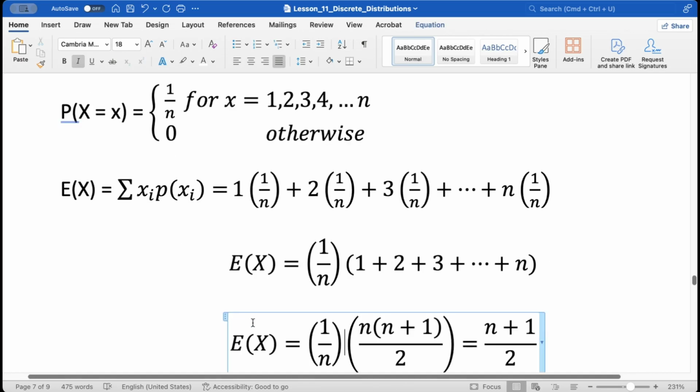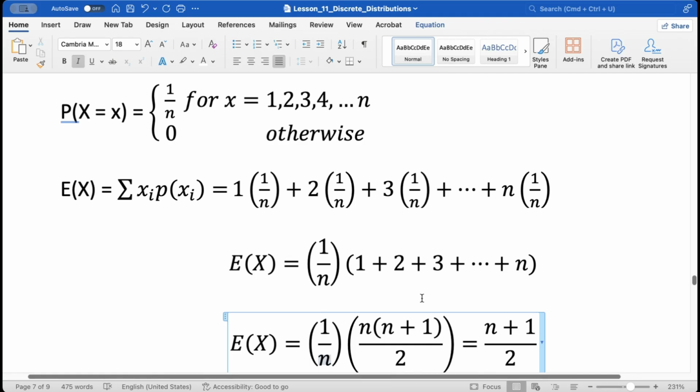And then one of the n's cancels out, and we're left with n plus 1 over 2 for the expected value of a uniform random variable. In the case of the die, it's 6 plus 1 over 2, which is 7 over 2, 3.5.